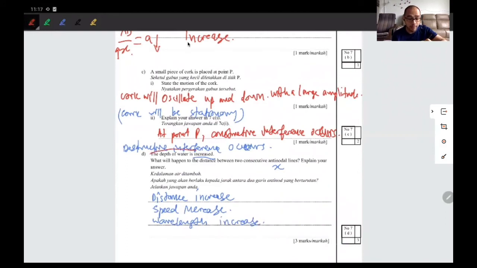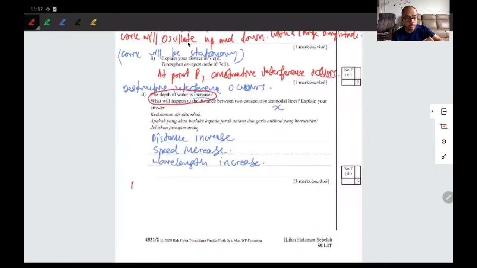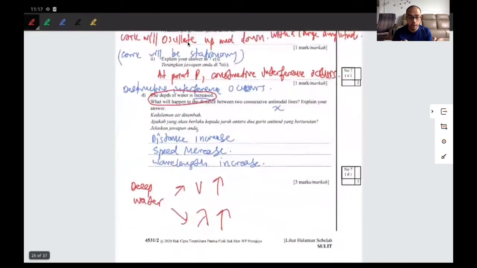Remember, when the depth of the water is increased, at deep water, wave speed increases, wavelength also increases. That's why the x distance increases, because kalau wavelength is increased, remember the interference formula? Interference formula is lambda equals to AX over D. If my lambda increase because I'm in deep water, so my X will also increase.